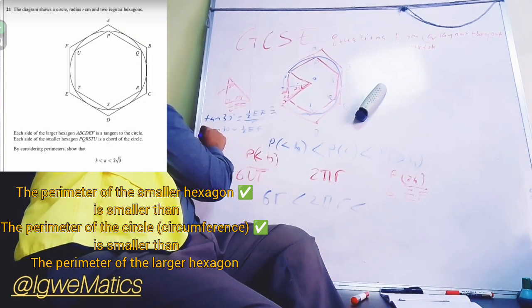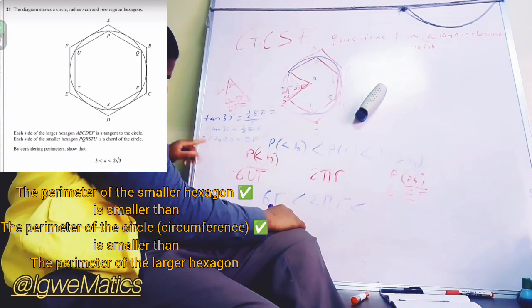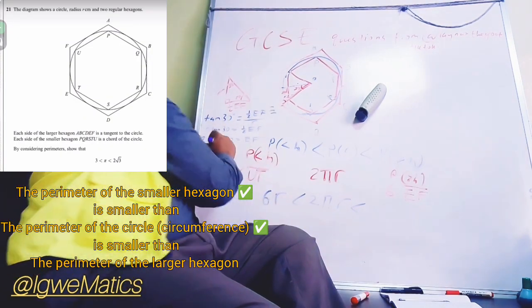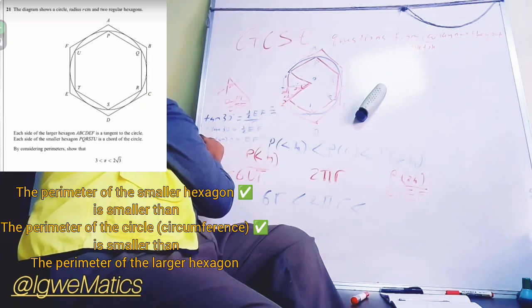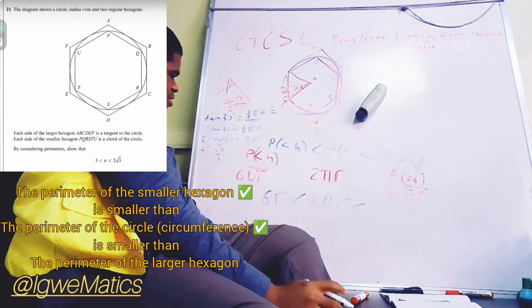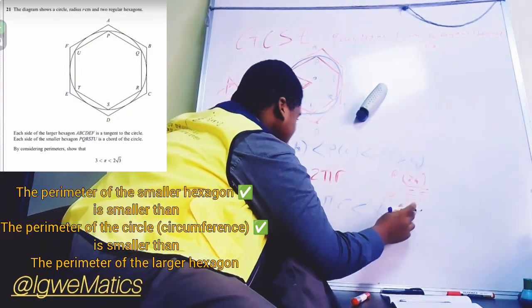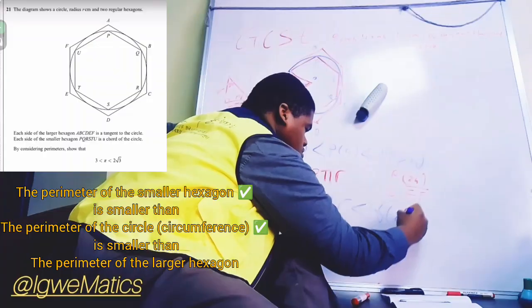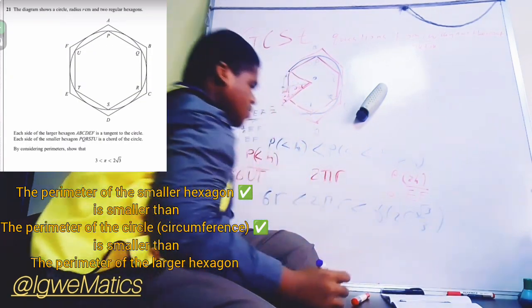Multiply both sides by 2, we have 2r tan 30 is equal to EF. Tan 30 is equal to root 3 divided by 3, times 2r, we have that EF is equal to 2r times root 3 over 3. If we put that in our expression, 6 times EF will equal 6 times 2r root 3 divided by 3. Good.